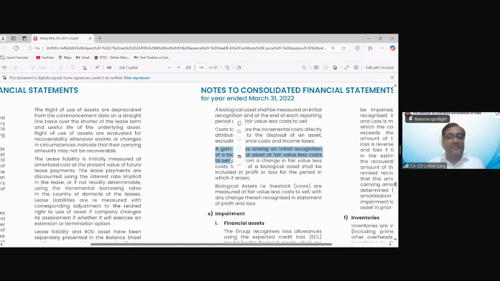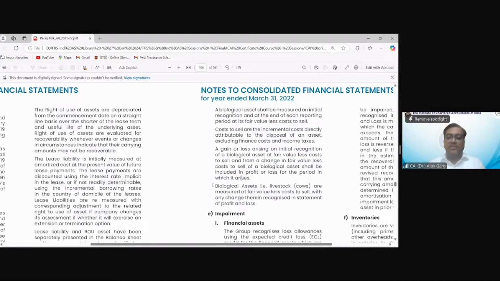But if the biological asset has given birth, if it is a newly born biological asset, it will always be an income. It will always be a gain, correct? A gain or loss arising on initial recognition of a biological asset at fair value less cost to sell and the changes from opening to closing, right? And the changes in fair value less cost to sell of a biological asset shall be included in profit or loss for the period in which it arises.